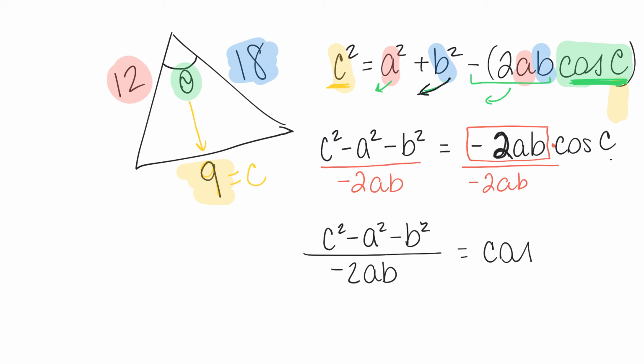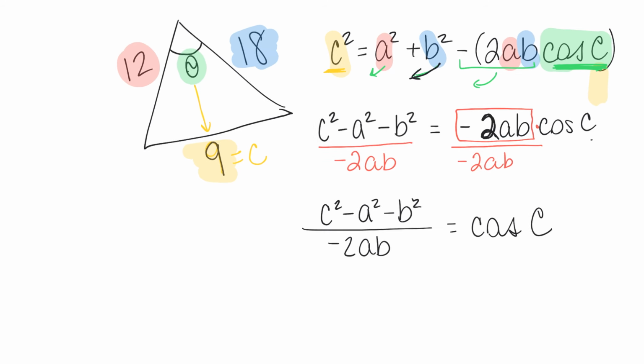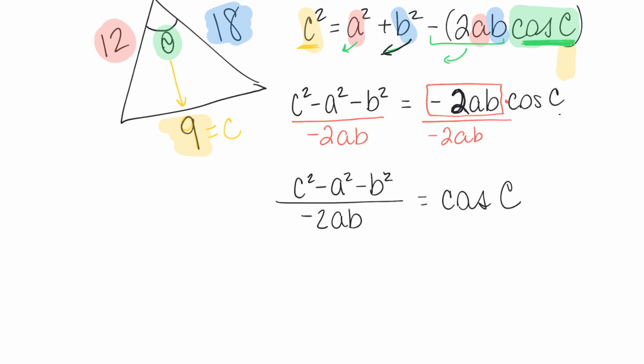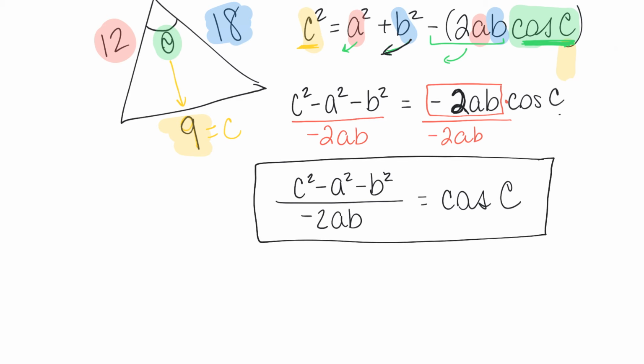And that, my friends, equals the cosine of c. Okay, so now we have established our formula. You should write this down or screenshot this because here is the formula you need to solve for a missing angle.